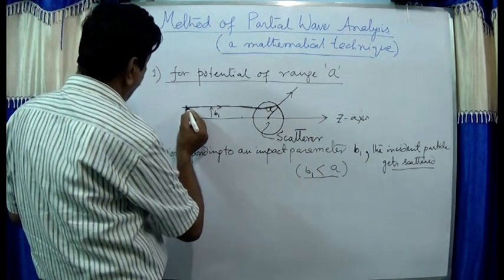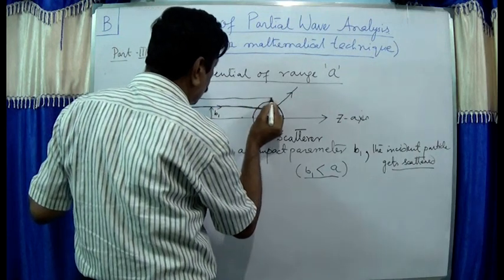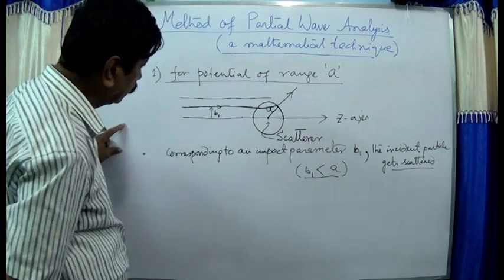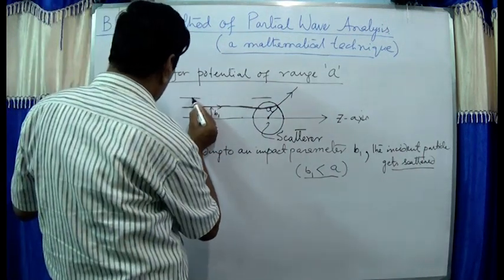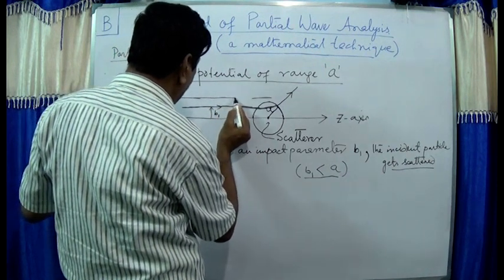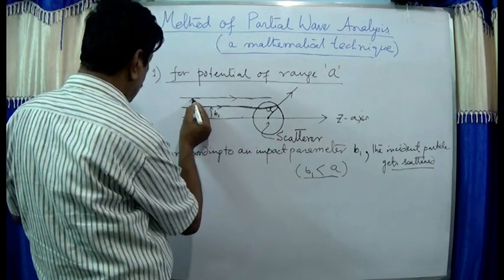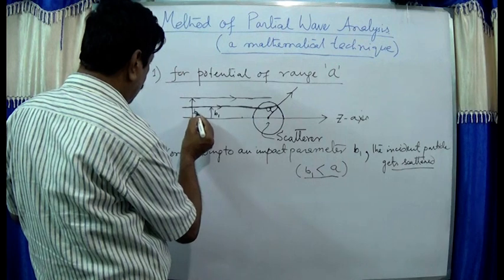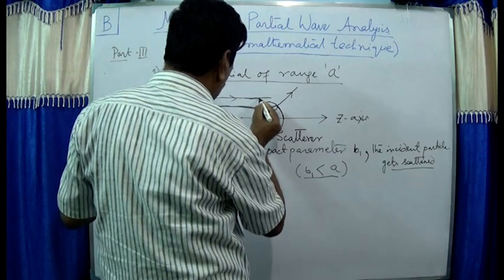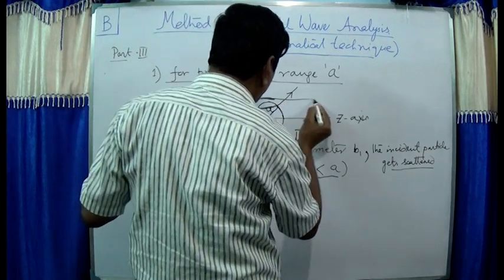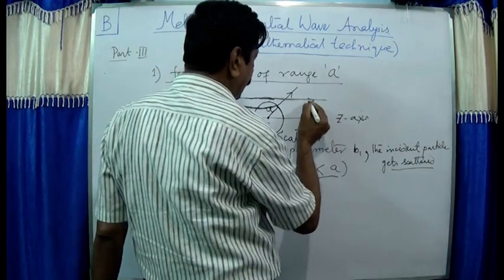And if a particle is incident towards the scatterer with such an impact parameter that the particle will not be affected by the potential and it will go straight unscattered.